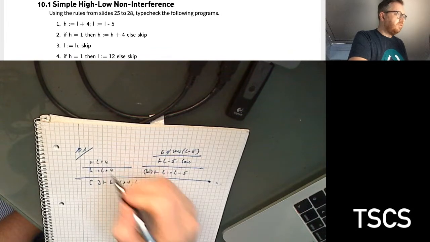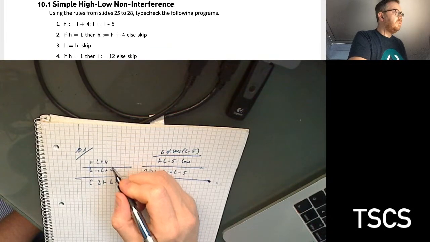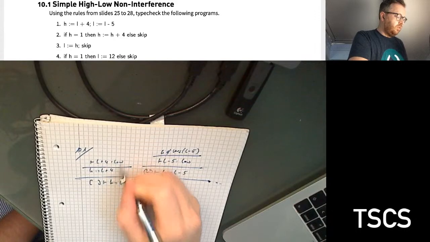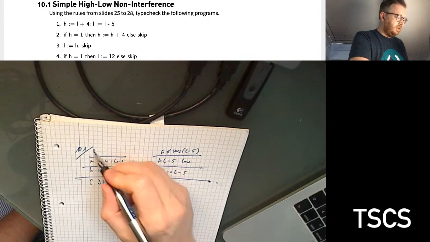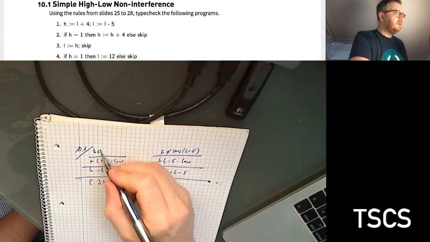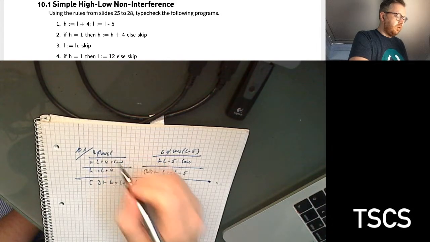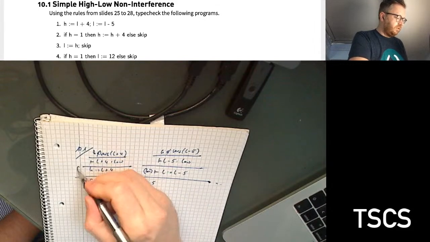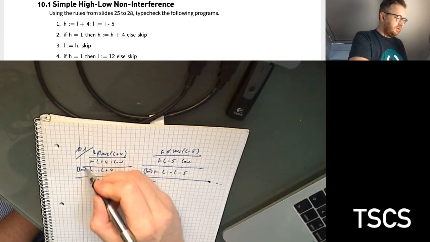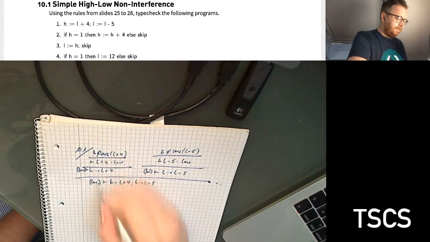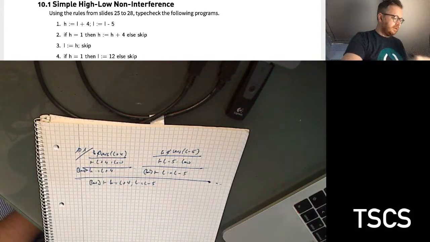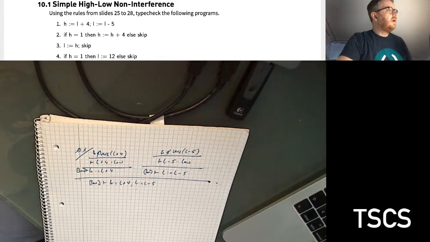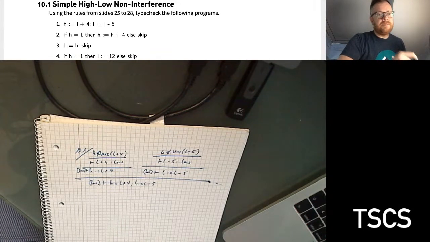L plus 4 is also low because H is not in the variables of L plus 4. You see? And of course all of this is also typed as low. It has a low context because we did not access any high variables here.